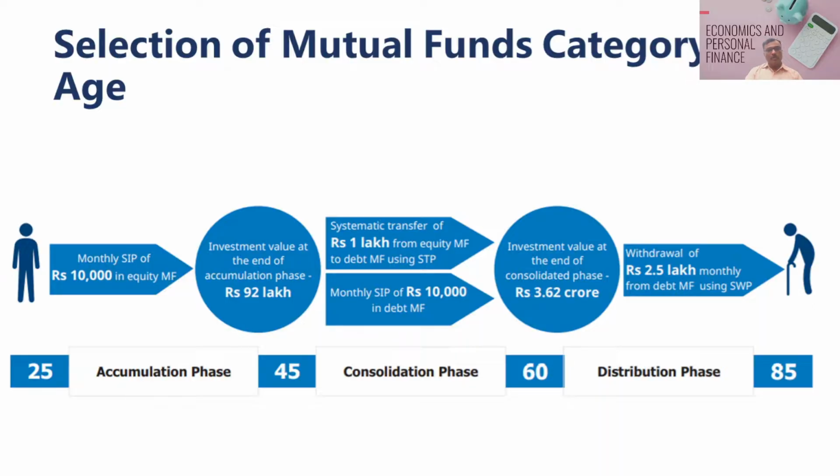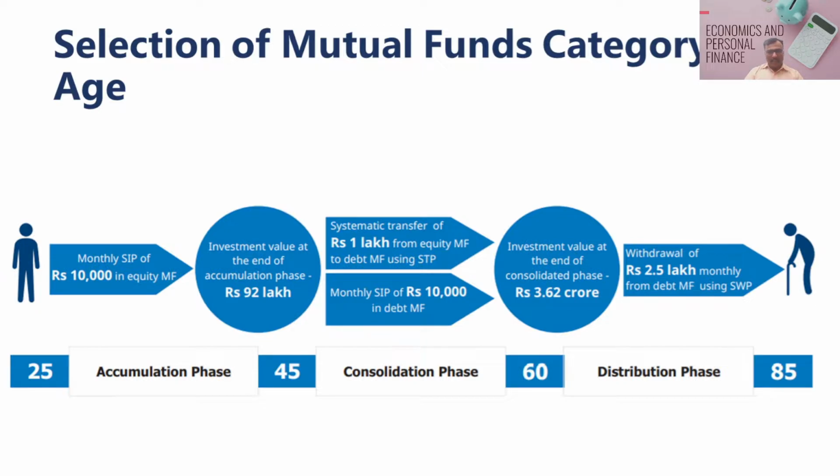If an individual begins investing rupees 10,000 monthly in equity fund from the age of 25 until you turn 45, this investment potentially accumulates around 92 lakhs, assuming conservative returns of 10%. Notably, high performing equity funds can yield returns exceeding 15%, and from 25 to 45 you can invest in equity funds by taking some risk that will give you better returns.